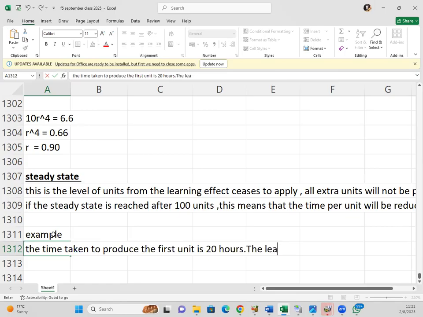The learning effect is assumed to be at 90%.